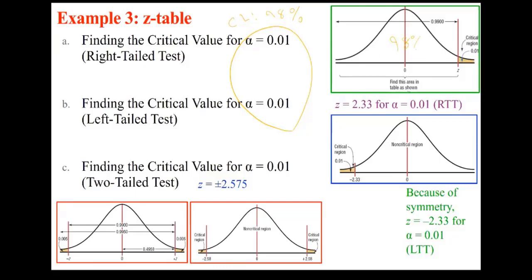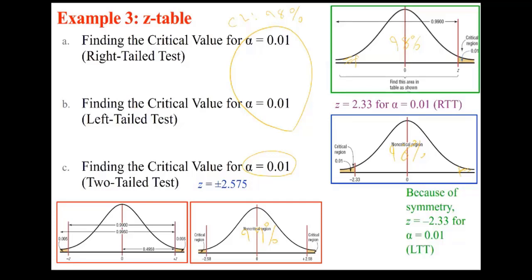And so you have another 1% on the left and another 1% on the right. So A and B, alpha equals 0.01, they are one-tail tests. So 0.01 alpha corresponds to 98%, not 1 minus 0.01. However, this one corresponds to 1 minus 0.01, or a 99% confidence level. So that's important to realize.